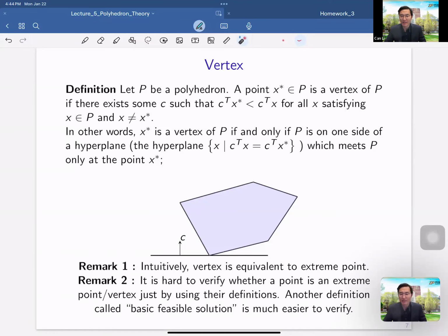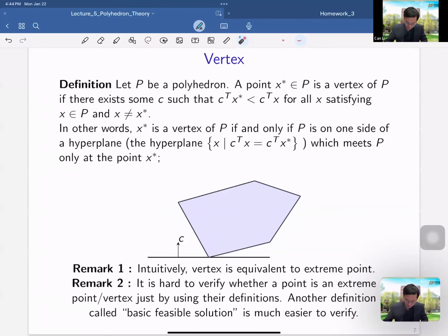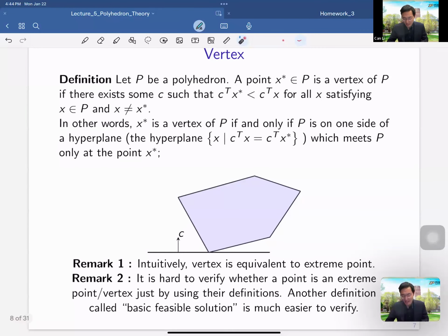And as you can imagine intuitively, a vertex is equivalent to an extreme point, right? Because if we are going to express things in words, they are both like vertices, although their mathematical definitions are different. But on the other hand, just using the definitions of the vertex and the extreme point, here's a comment.